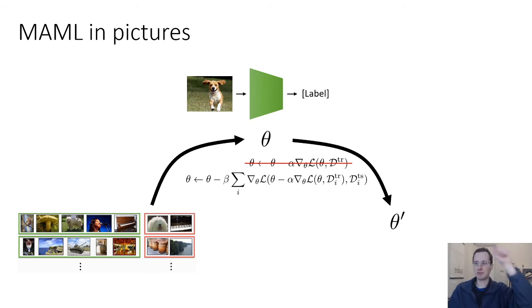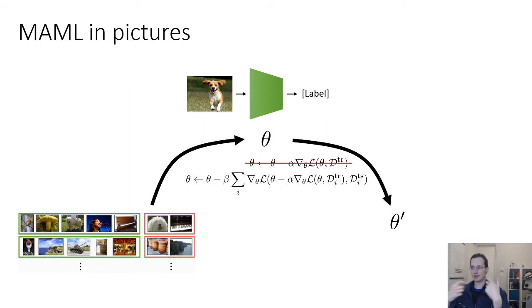So now every meta-training step will do theta minus some meta-learning rate beta times the sum over all the tasks of the gradient of the loss on the test set D_test_i with the parameters theta minus alpha grad theta L(theta, D_train). So the neural net parameters we plug into the outer loss are the parameters we get by taking one gradient step on the training set. And then we evaluate the loss of those updated parameters on the test set for that same task.